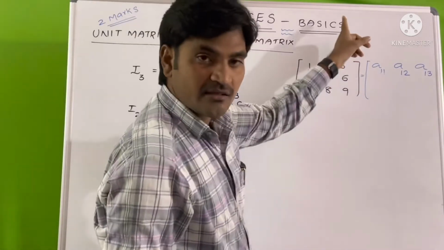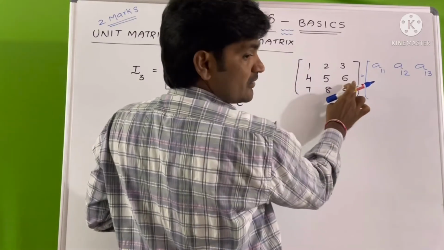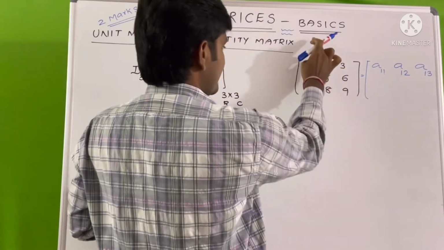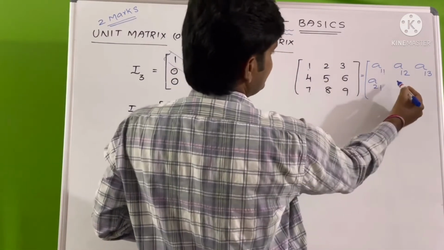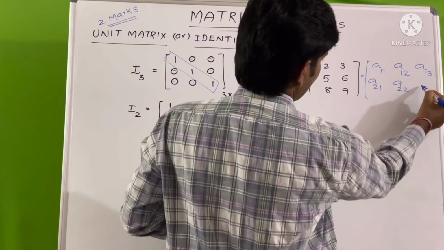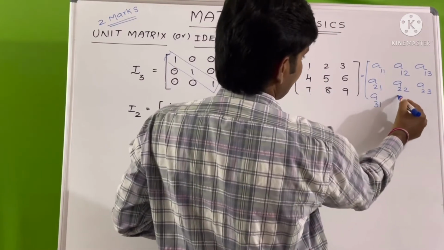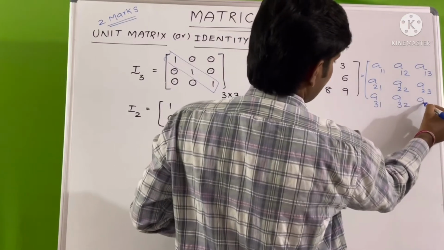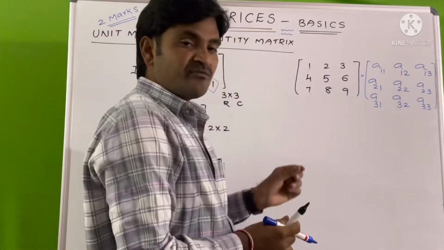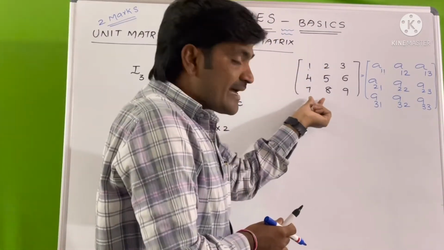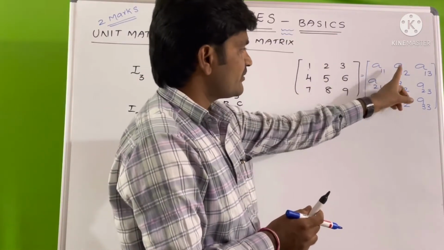Similarly 4 is in the second row and first column, that is A21. 5 is A22 and the next one is A23. Similarly A31, A32, A33. So these are the symbols of the matrix elements. So 1 means A11, 2 is A12, like this.